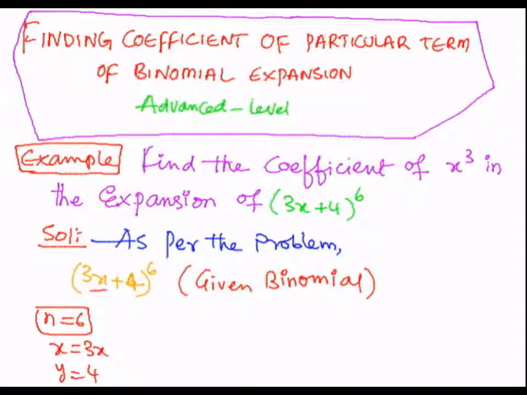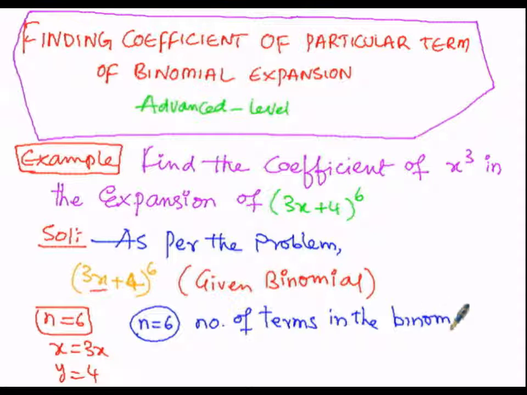But here we have to find out the coefficient of x cube. In order to find it, since n is equal to 6, the exponent of the binomial, the number of terms in the binomial expansion is given by n plus 1, that is, 1 more than the exponent of the binomial.